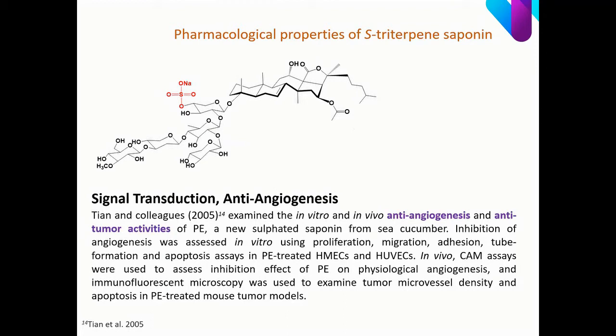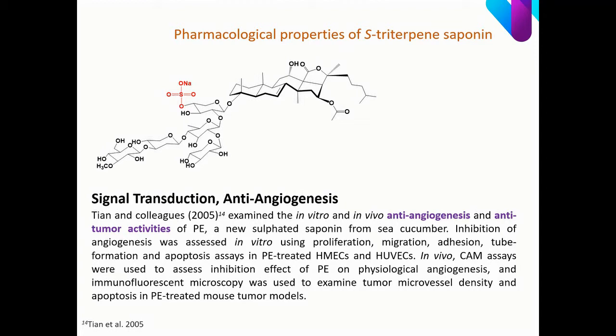Sulfur-containing saponins have sulfur groups attached, sometimes to sugar parts, sometimes to the carbon skeleton, which is also known as sapogenin or aglycone section. Here, we can see the sulfur groups attached to sugar parts.